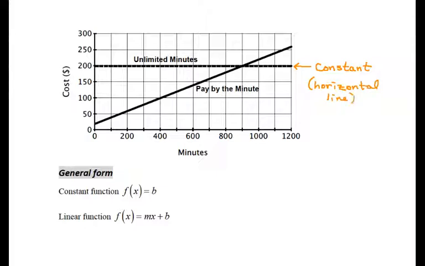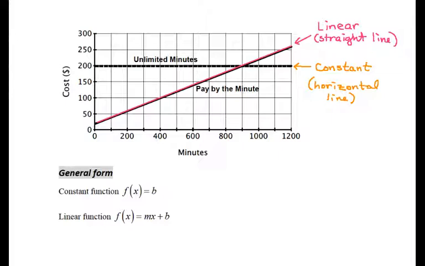We can see that the pay by the minute plan, which is our linear function, has a graph that is a line, a straight line, but not horizontal. And that rate of change we calculated is the slope of the line.